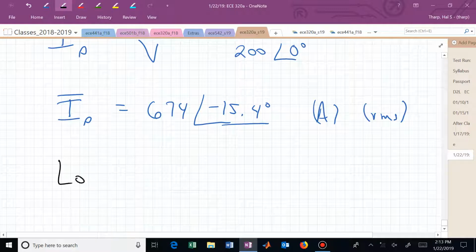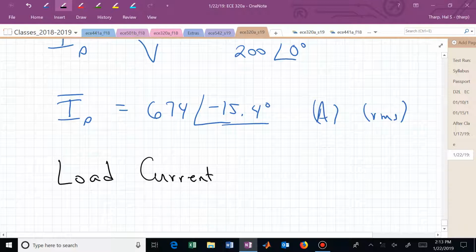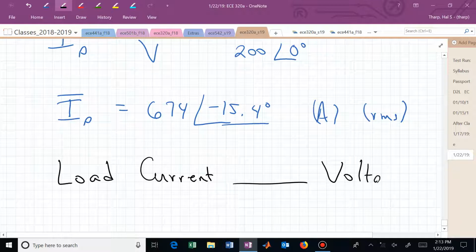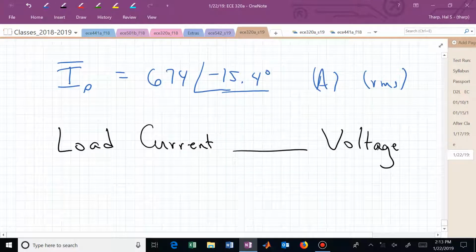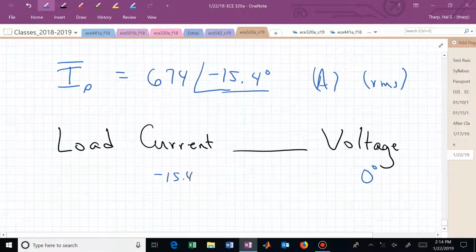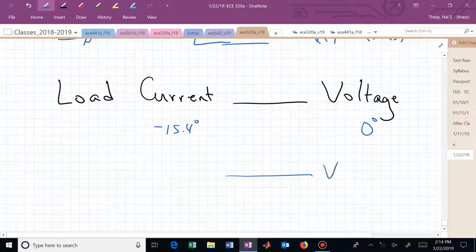And now we can say, okay, what happens to our load current relative to the voltage? Well, the voltage, remember, was at 0 degrees, and this we just found was minus 15.4 degrees. And so now we have voltage here and current here. If we wanted to think about this, we're sitting over here and watching these phasors rotating in a counterclockwise direction.